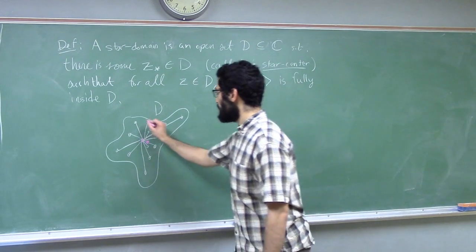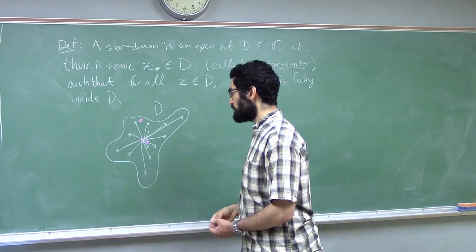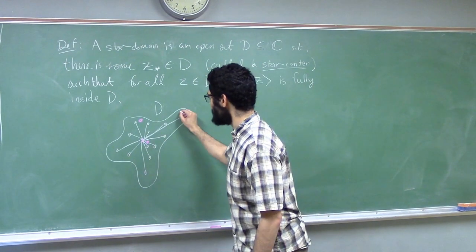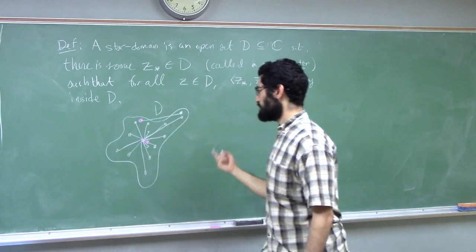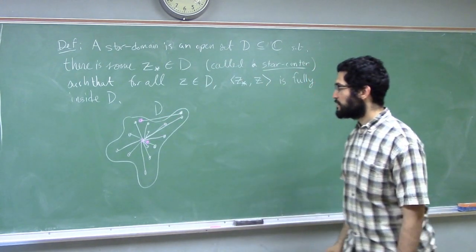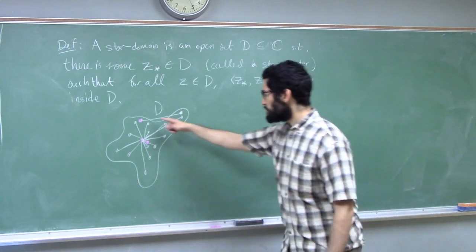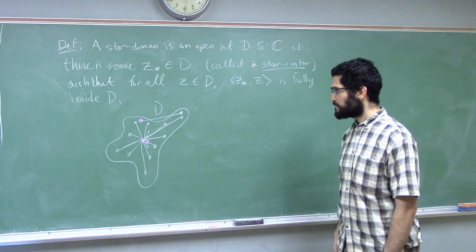For example, if I tried to use this as my z sub star, that would fail to demonstrate that D is a star domain. Because, for example, if I take a point here, then the line segment joining them exits the set D. Alright, so there just has to exist one viable pink point to make D a star domain.